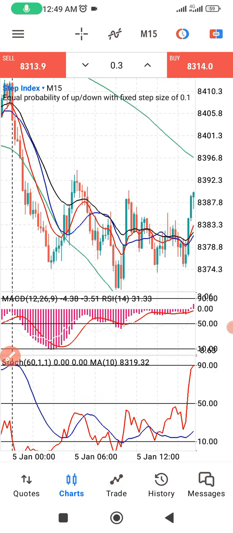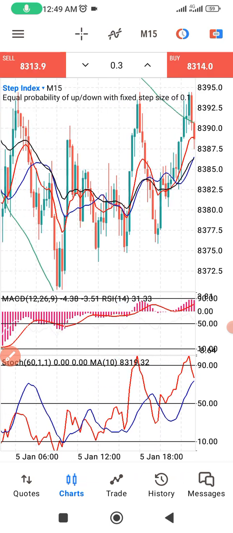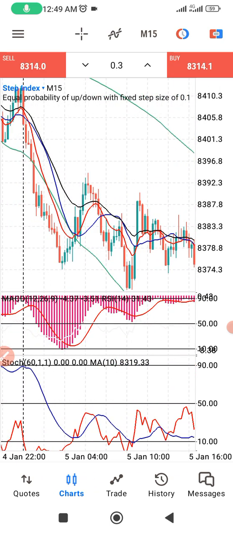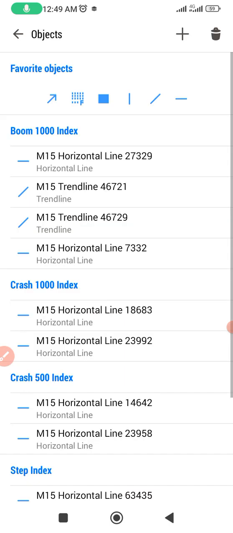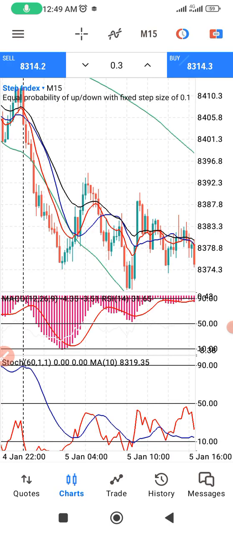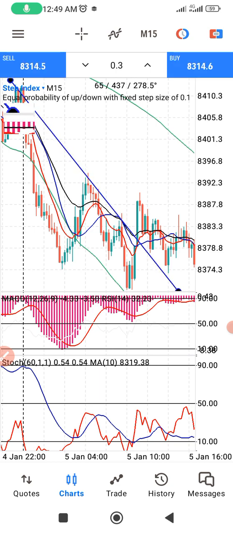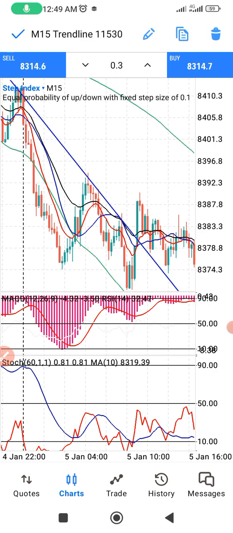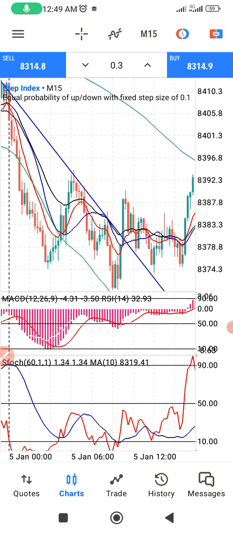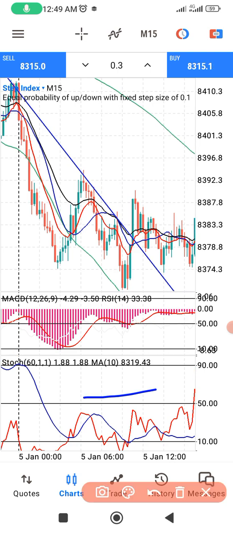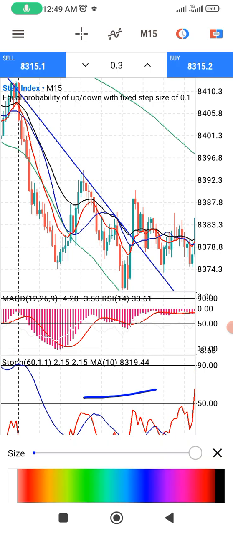Having established that, the next thing you do is draw your trend line. Remember, the market is on a downtrend, so you'll be looking for a reversal. You draw your trend line like this, and then you wait for price to break your trend line. And this is what happened.